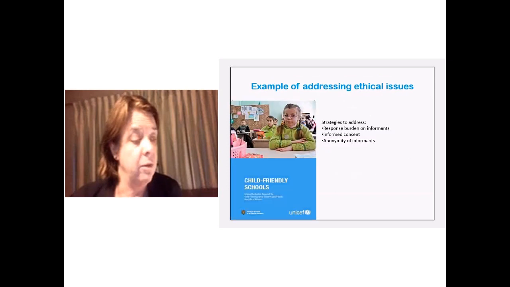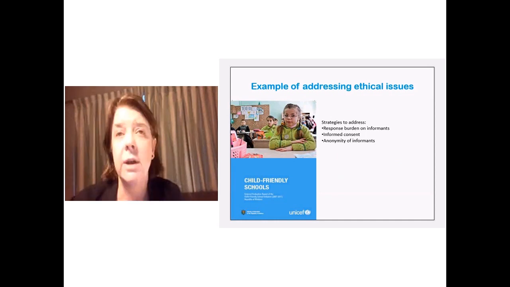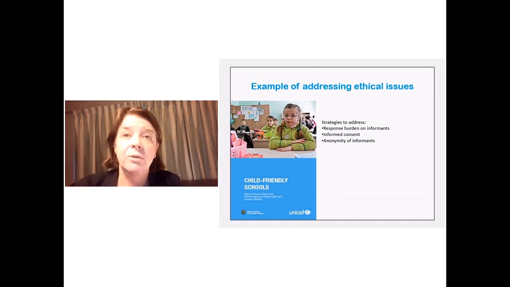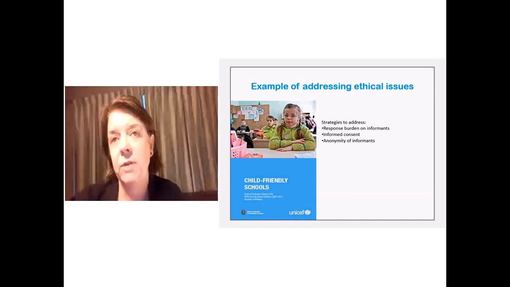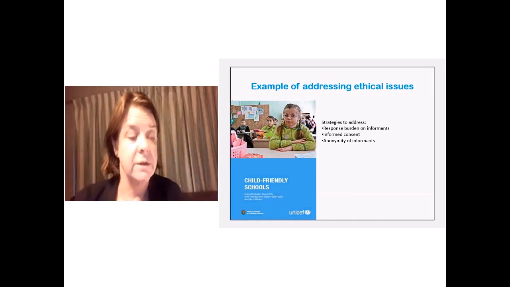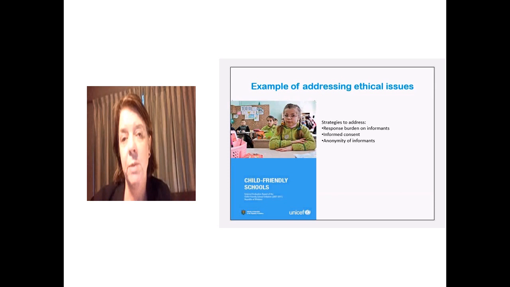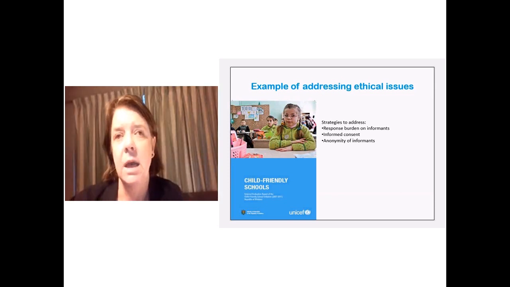And in the brief, we walk through some examples from the child-friendly schools about actually what they did to make sure that there was not an excessive response burden on the informants, that they gave informed consent, and that the anonymity of the informants was protected. So different evaluations will have different ethical issues, and there's some terrific resources in that, and this has got to be explicit about the understanding, and also making sure that these are actually carried out.